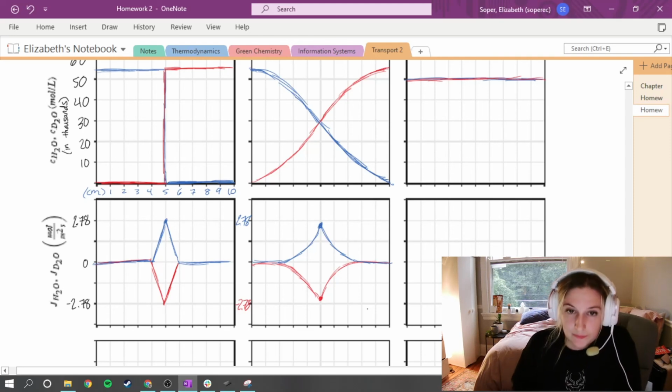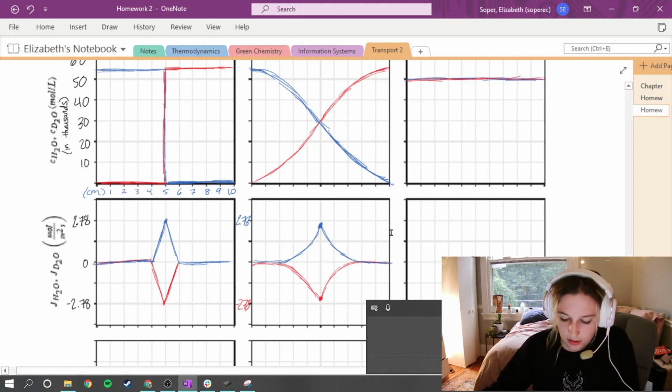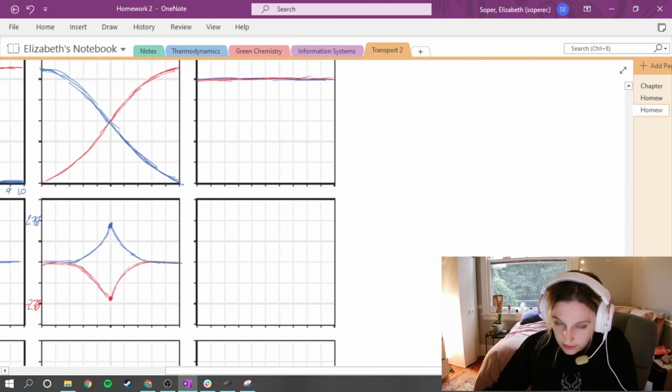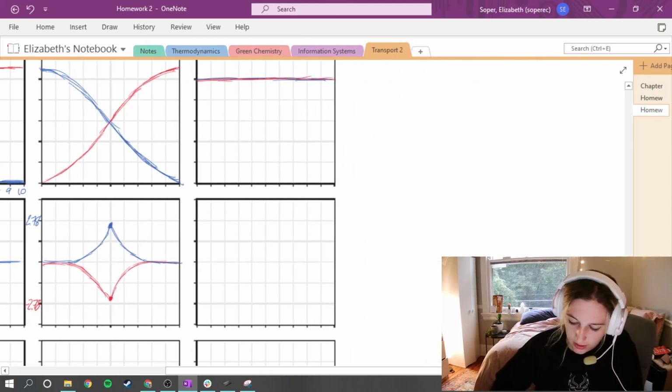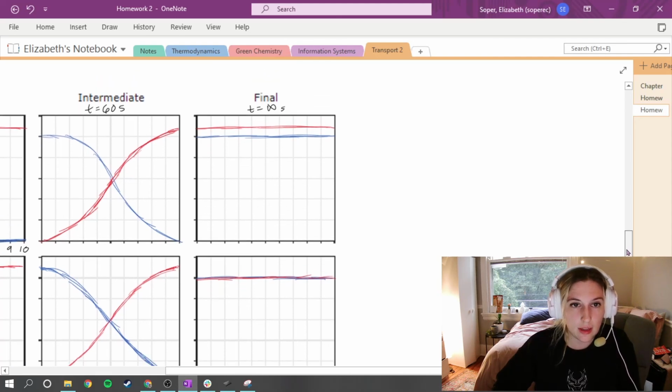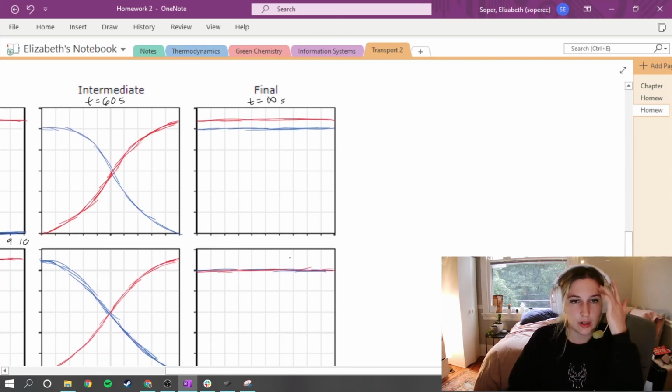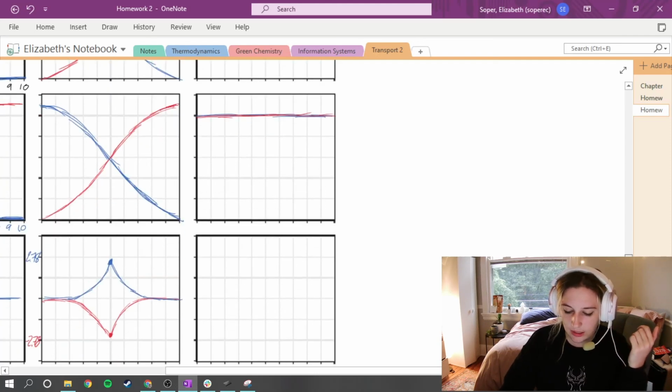And then finally, let's see if I can move it over more. Sorry if my head was in the way before. If you couldn't see either of these graphs before, this is what they look like.